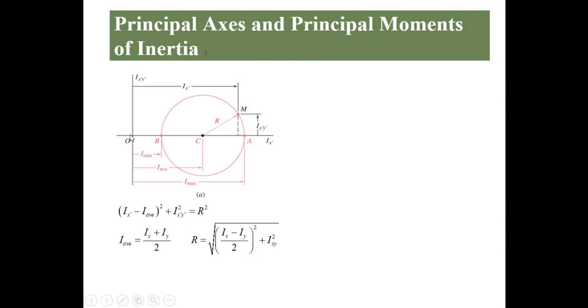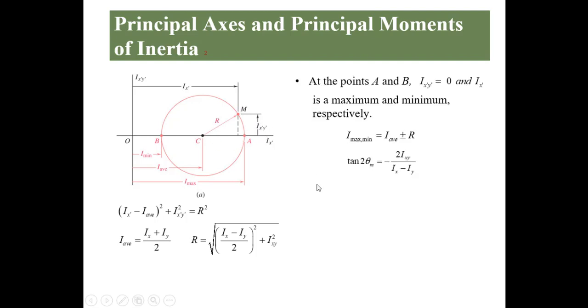If you plot out the product of inertia, Ixy, with respect to Ix and Iy, every point along this circle describes the inertia for a differently oriented coordinate system, where the radius of that circle you can get by looking at the average between Ix and Iy, and then it's an a squared plus b squared equals c squared deal. So we're looking at the product of inertia in Ix and Iy.